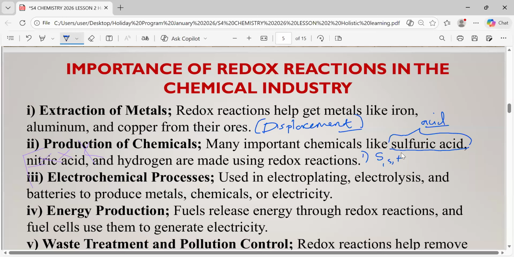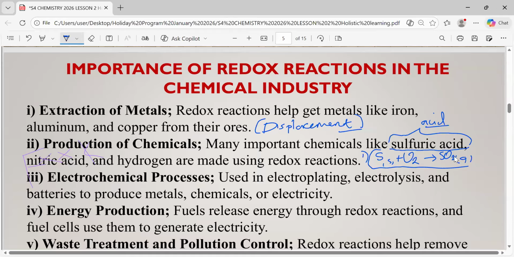And the very first step in manufacture of sulfuric acid is sulfur reacting with oxygen to produce sulfur dioxide gas. Now, this one is under oxidation reaction also. So what are we saying?